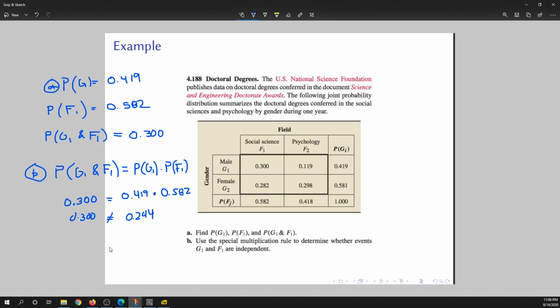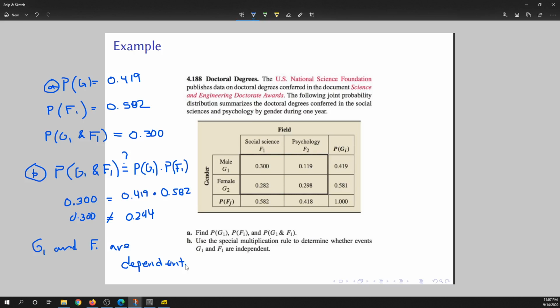So these are not equal to each other. Here we were asking, are these equal, and we have shown, no, they are not equal. That means that G1 and F1 are not independent, they are dependent. So that is another way to determine whether events are independent or dependent.